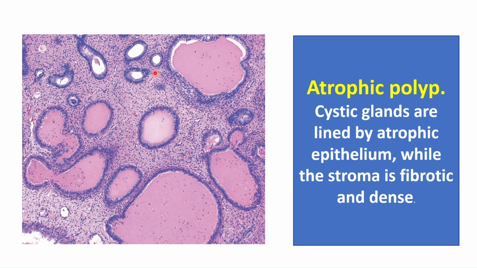This is a section showing most of the glands are cystically dilated, and they are lined by cuboidal epithelium. So this is atrophic polyp, and the stroma is fibrotic in appearance.